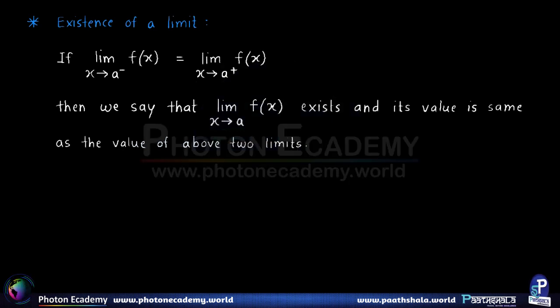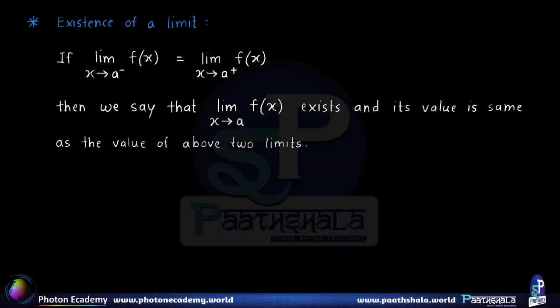So in that case we say that in general the limit of the function as x tends to a exists and its value is the same as the value of the above two limits, which are anyways equal to each other. Alright, so that is the existence of limit.